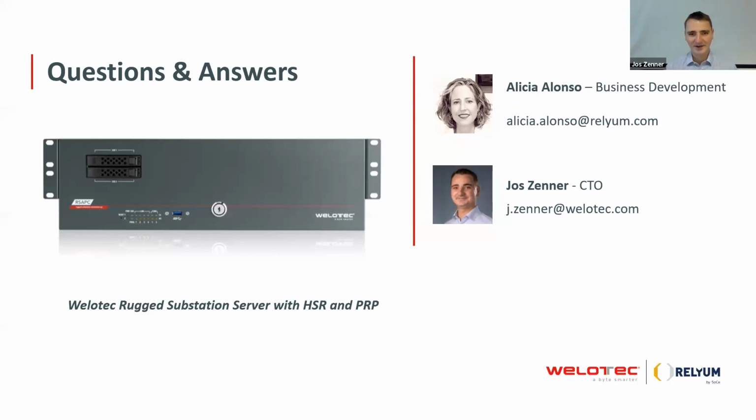Okay, then we have another question. Does a NIC have an optical interface? You want to take that, or should I do it? I'll do it. So the NICs for HSR and PRP are SFPs, so you have the possibility to have copper inserted or fiber, so you are flexible in these different combinations and can use any wavelength of the fiber network, or any copper that is required.